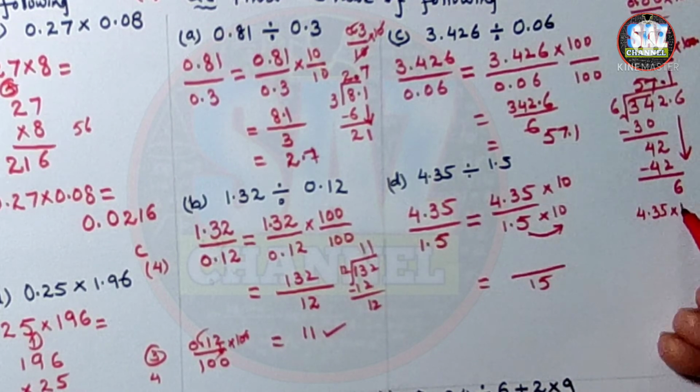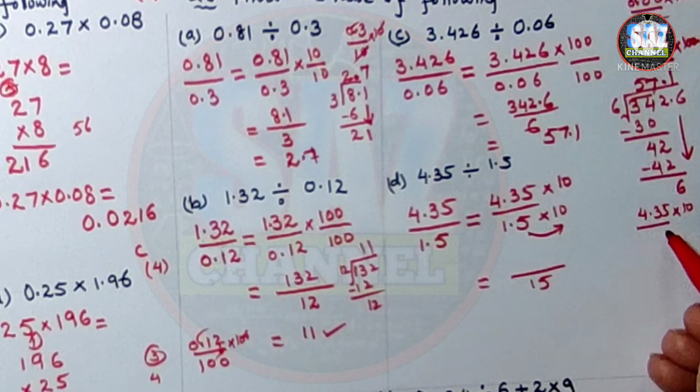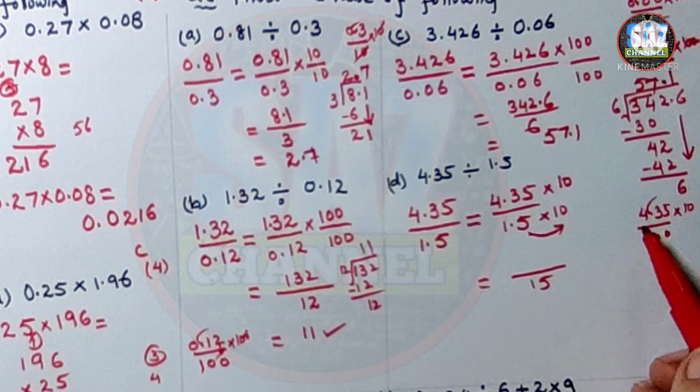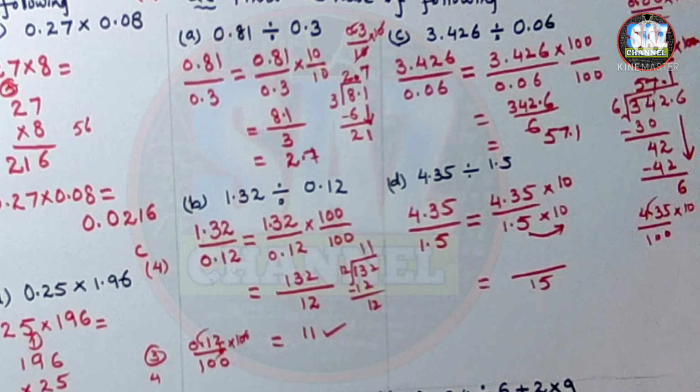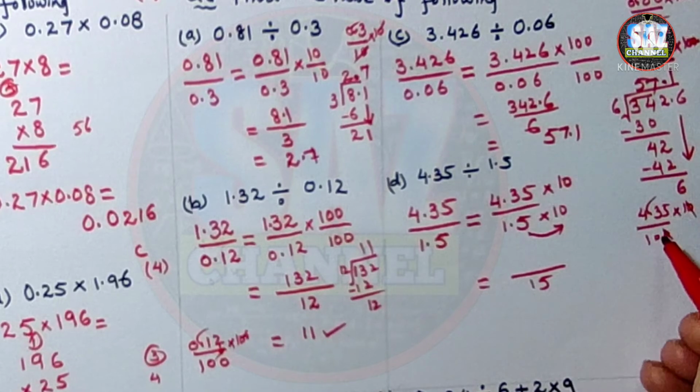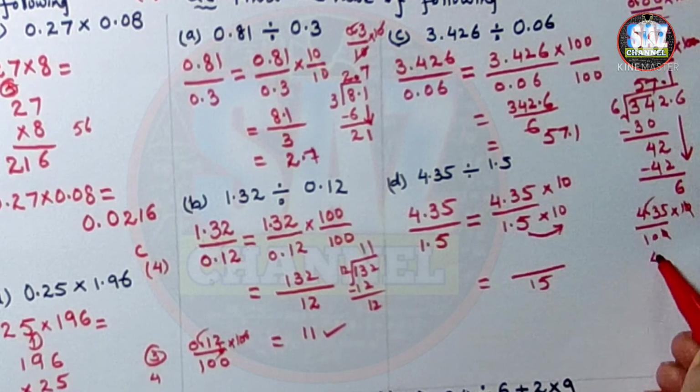If you find it difficult to understand orally, you can see that whenever we are multiplying with a power of 10, the decimal moves towards the right-hand side, 0 goes over here, and I have 435 by 10.